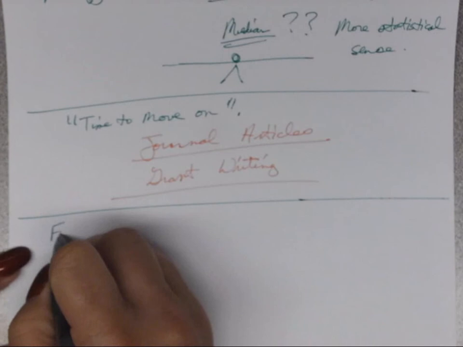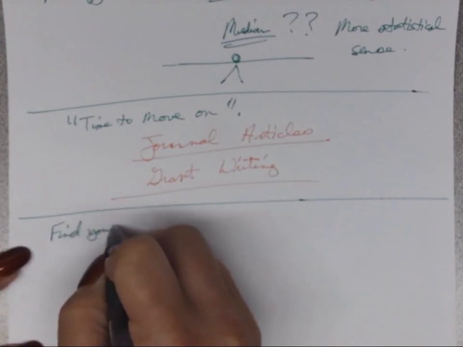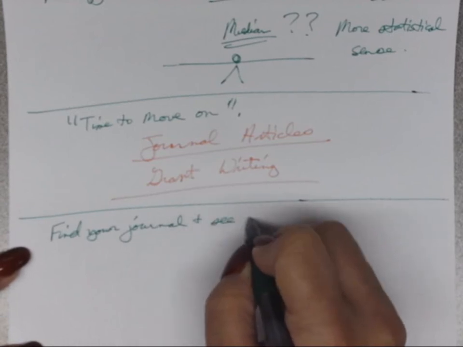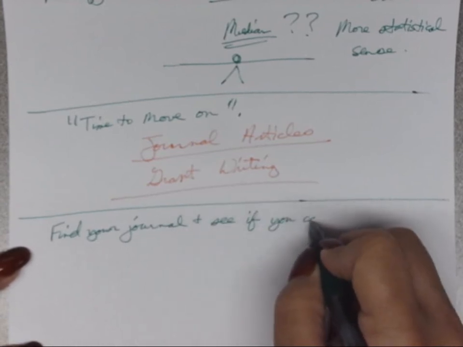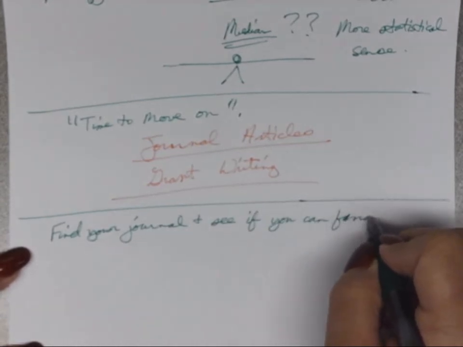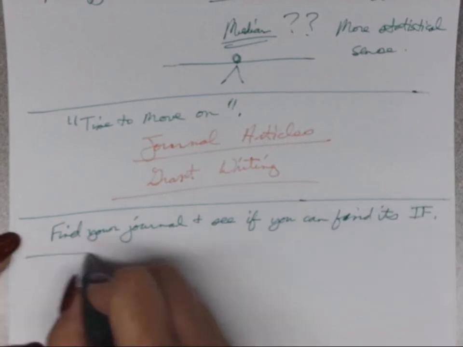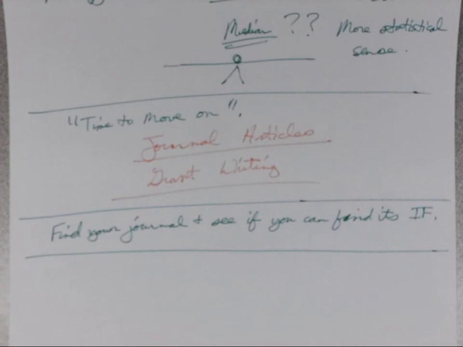Okay, so go back and find your journal and see if you can find its impact factor. Now, this isn't something that you're turning in. This is not for a grade. I just want you to look at it and see, oh, I really like that journal, and I thought it was an impressive journal, and I want to know what kind of impact factor it's been given, just so that you can see, is this considered a really researchy thing?